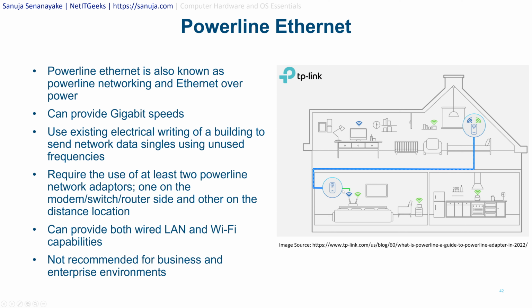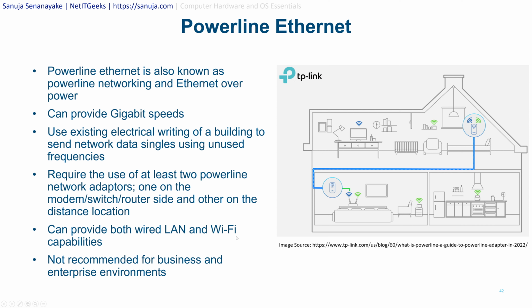Ethernet over power is where you have a specific Powerline network adapter that is connected to your router or the modem. And then the other end will have a specific Powerline network adapter that will allow you to connect devices in that remote or distant location, right?